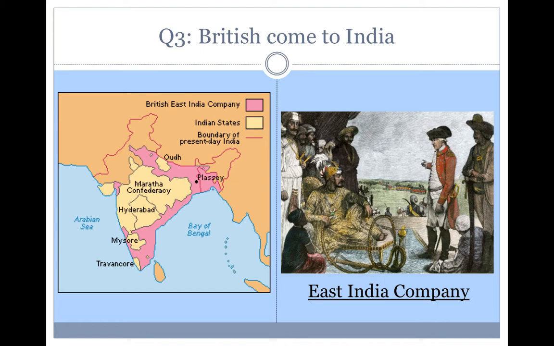And then that leads us to a company that's going to develop there, which is the East India Company. So this is the second bullet, the East India Company. Their name is on the screen, and I would underline that for yourself.